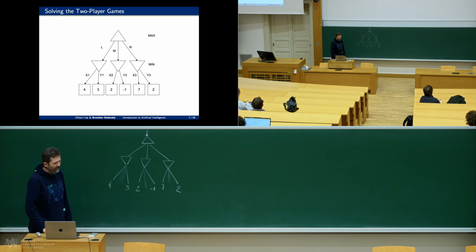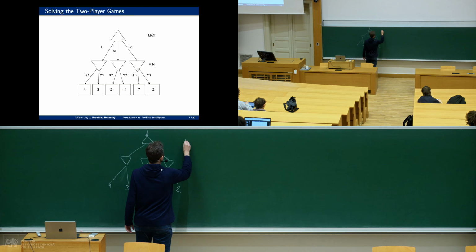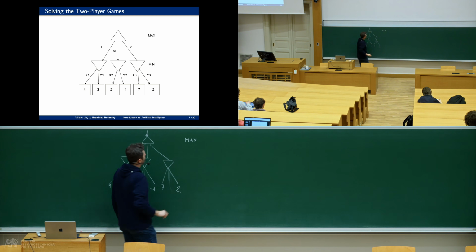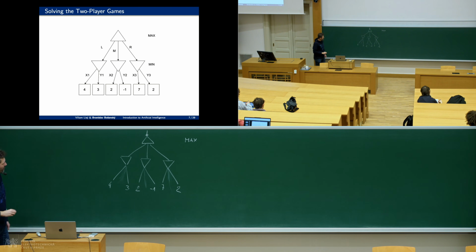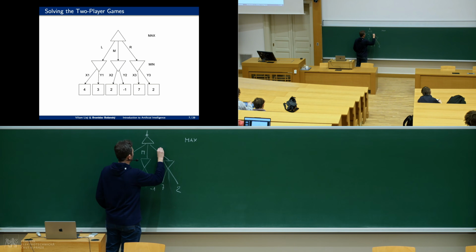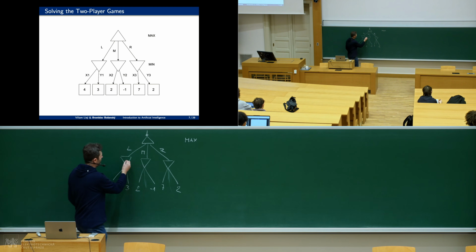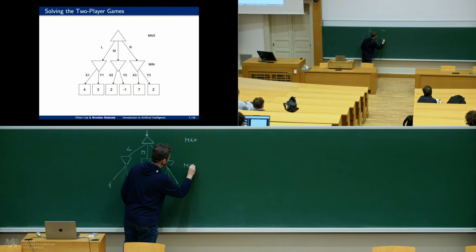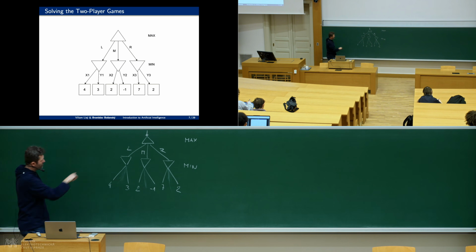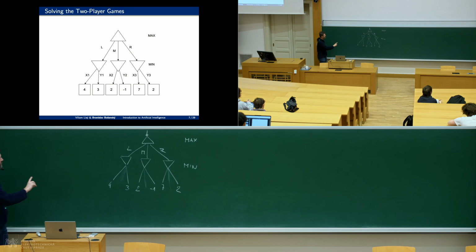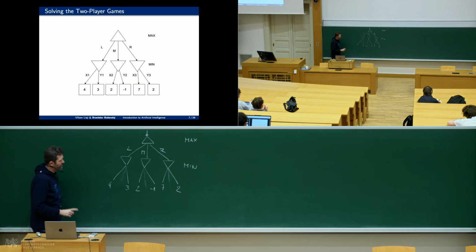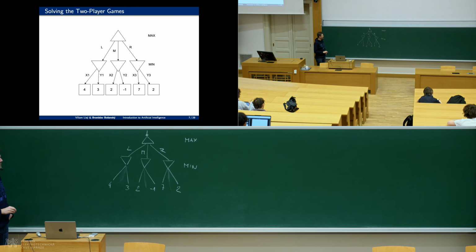We start here, and first to move is the player 1, or maximizing player, and the maximizing player can choose from 3 different actions. They can move left, in the middle, or right, and then the second player finds out which action the first player played, and they can choose in each situation from 2 different actions, right?